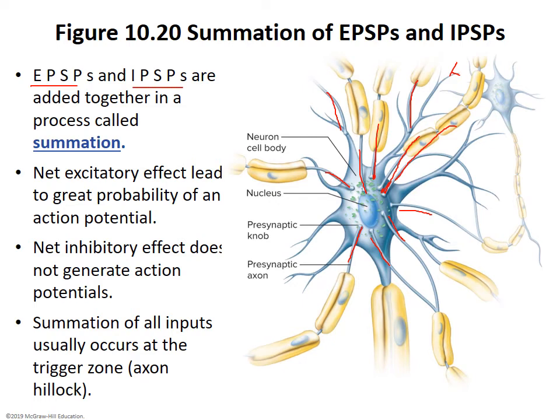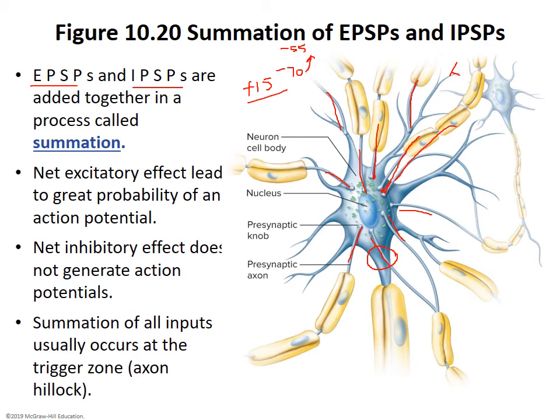As all of this information gathers around this area called the axon hillock, we will add them all together, and they have to equal up to a positive 15 millivolt stimulus. I get that number because it's the difference between negative 55 and negative 70. So we start at negative 70 and we have to get to negative 55 to create an impulse.